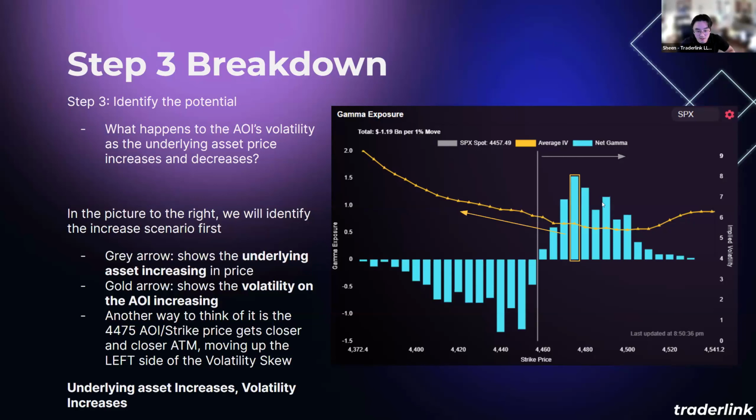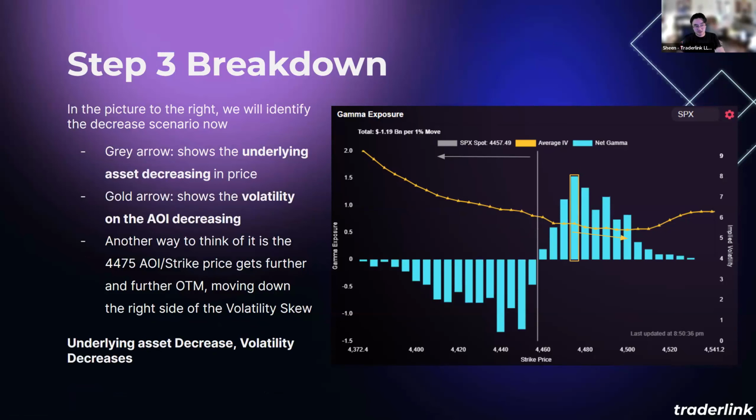The other way to visualize it is the 44.75 AOI or strike price gets closer and closer at the money as the stock price moves up, correct? The other way, like I said, the AOI is moving to the left side of the volatility skew, as you can tell. So what does this mean? The underlying asset is increasing and the volatility is increasing, right?